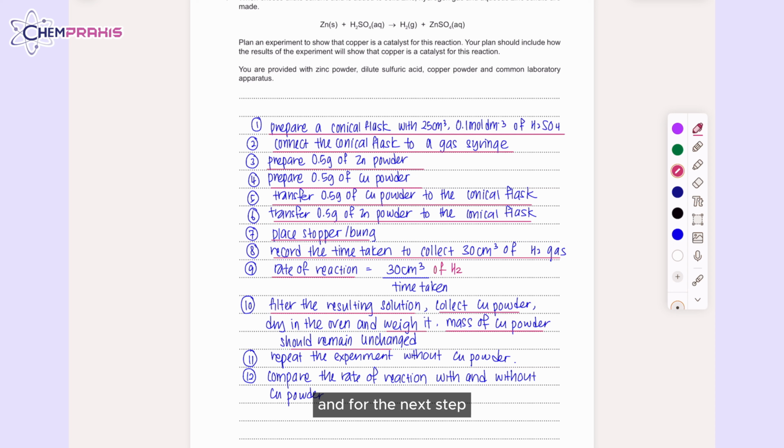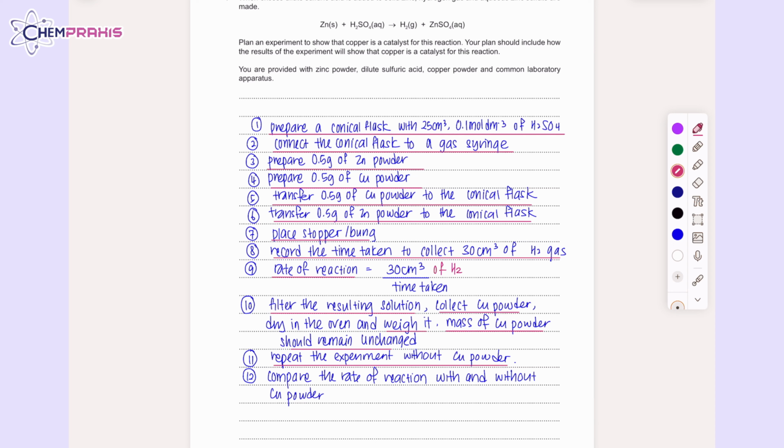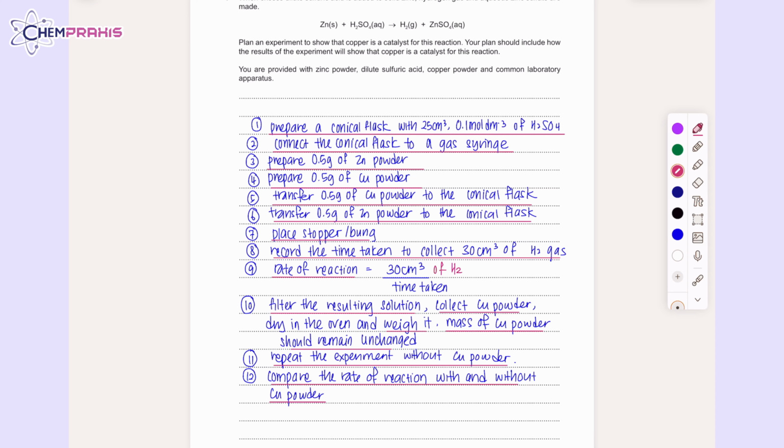For the next step, you can repeat the experiment without copper powder and compare the rate of the reactions with and without copper powder. Because if copper powder is a catalyst, then the rate of reaction should be faster compared to the experiment without copper powder.